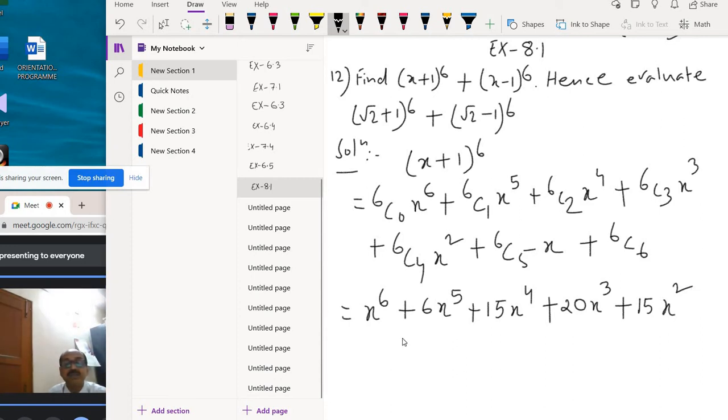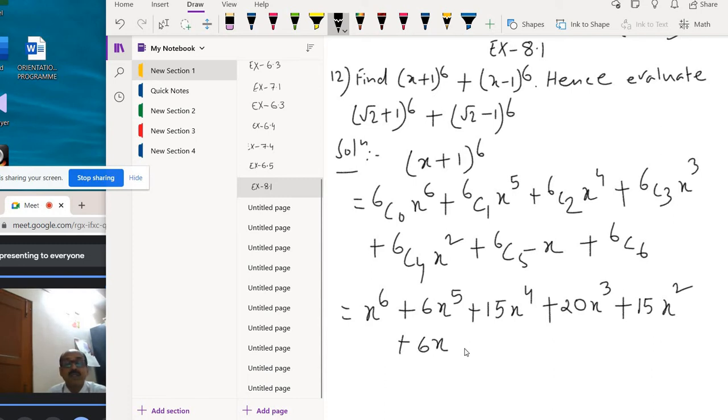Plus 6C5 means factorial 6 by factorial 5 into factorial 1. So it will be 6 into 5 factorial by 5 factorial, the 5 factorials cancel. So it will be 6 only. 6x.